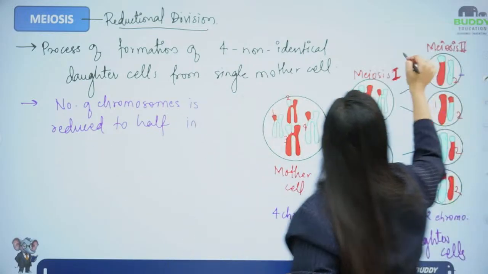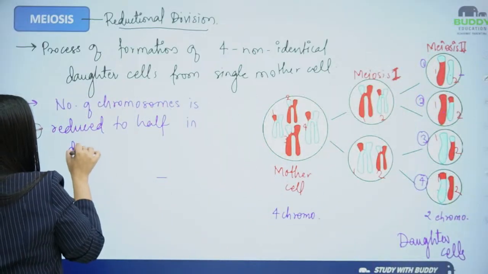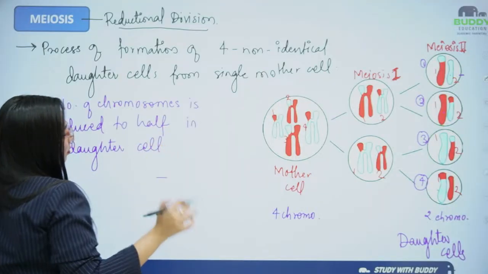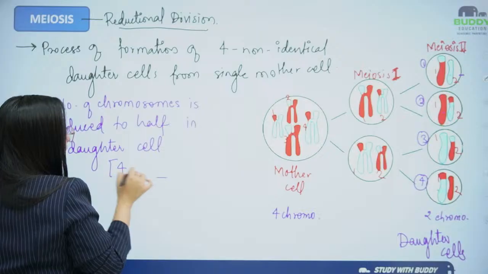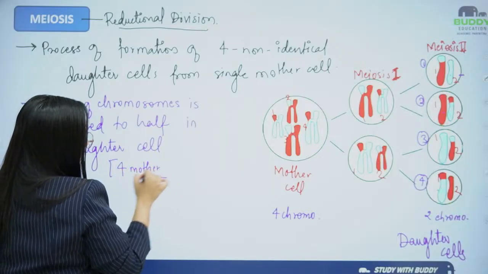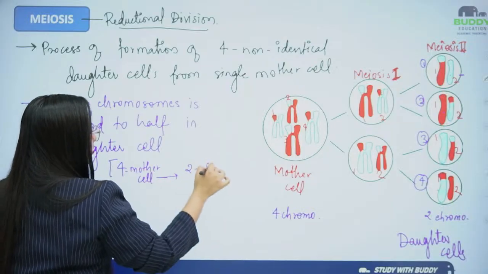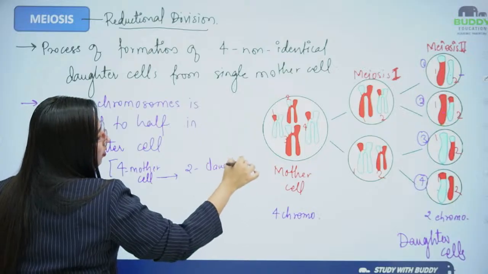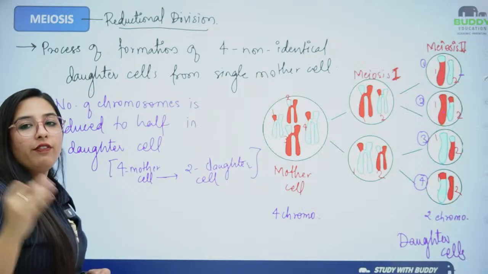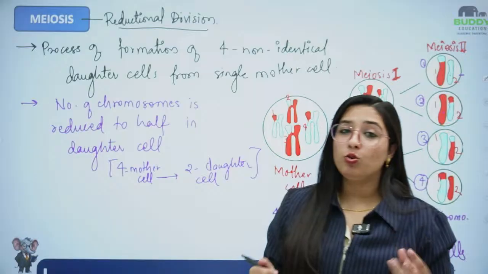Reduced to half in daughter cell. For example, we have the mother cell as 4 and now we have 2 in the daughter cell. Can you understand half? If I divide 4 by 2, it will be 2. That is why I am writing it is reduced to half.